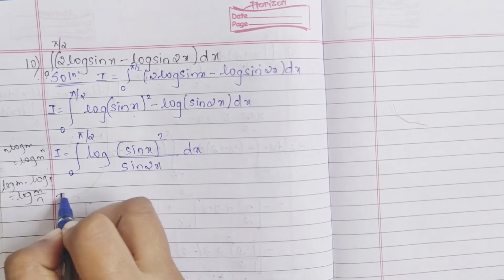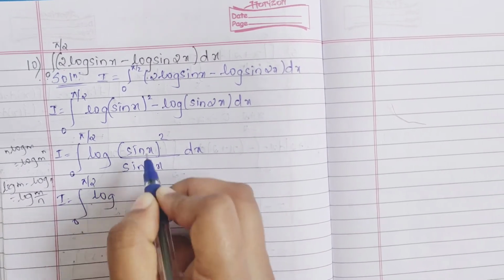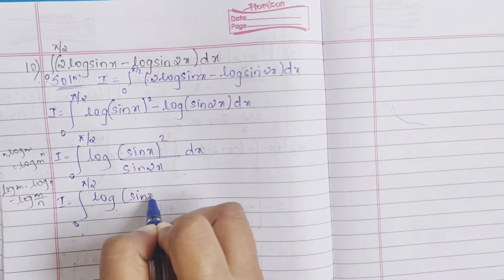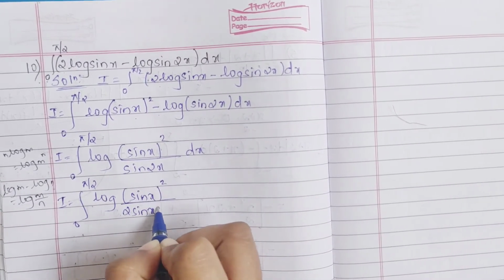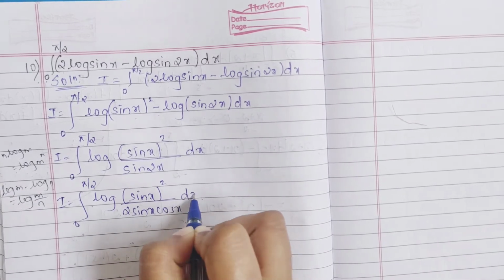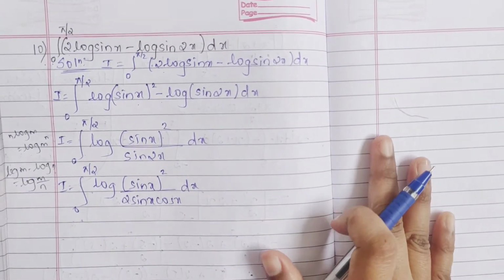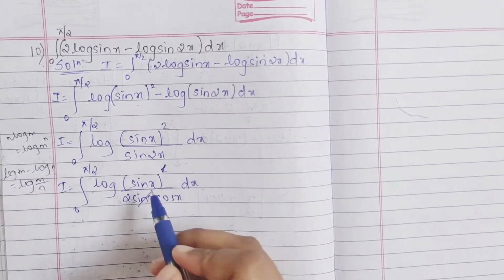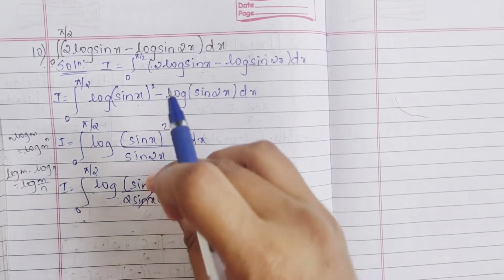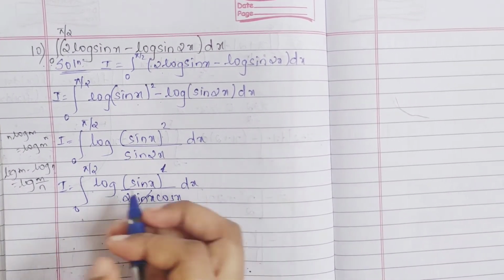Now again we will try to simplify, it is in log form only. Log of sin x whole square, keep as it is. See sin 2x I can write as 2 sin x cos x, right. 2 sin x cos x, the identity of your sin 2x, so that one sin x and one sin x get cancelled off. Next, sin x by cos x I will take as one part and then 2 to the other.